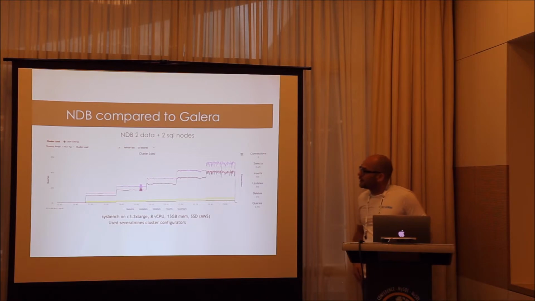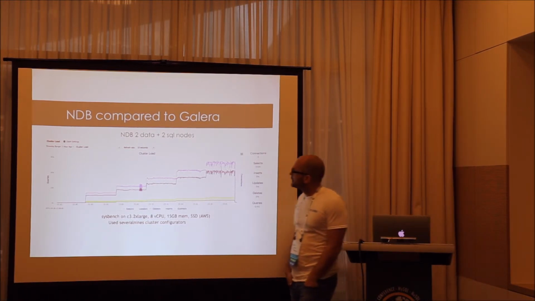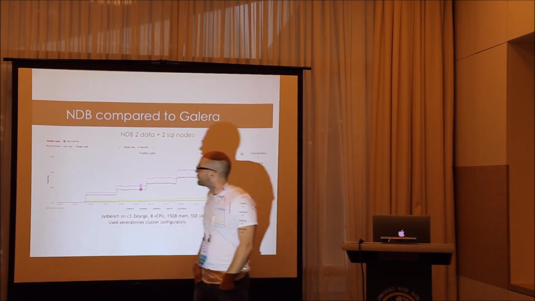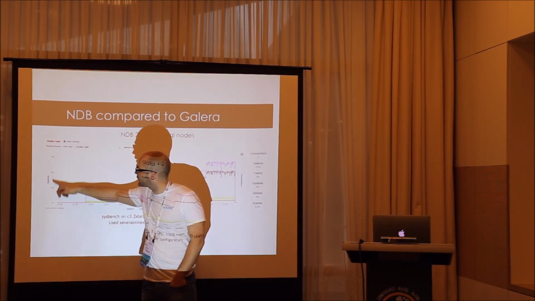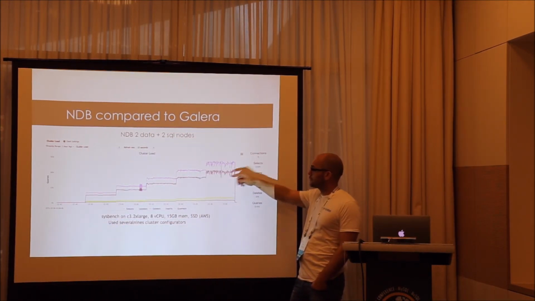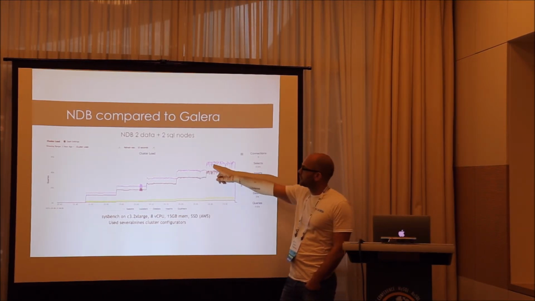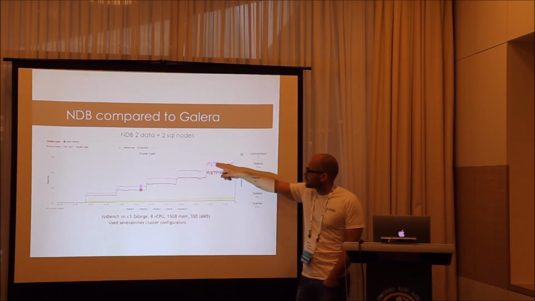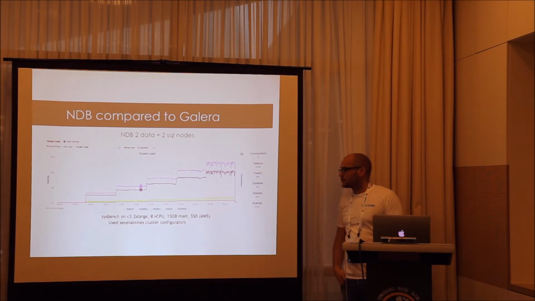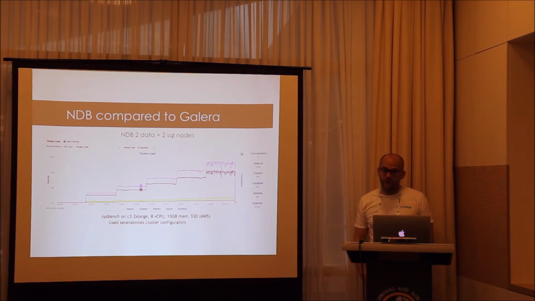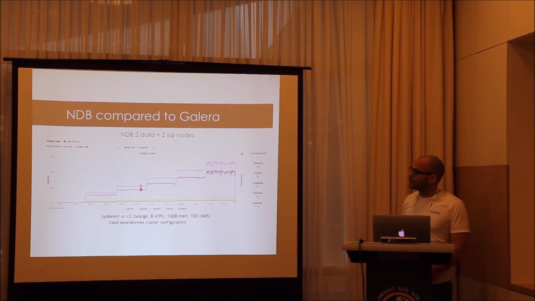Finally, a little bit of a performance comparison. You have to come up much closer to study these graphs, but it says 60K there, 40K and 20K here. This is a normal sysbench that I'm running. We are hitting about 55,000 queries per second with sysbench on a two-data-node, two-SQL-node NDB cluster.